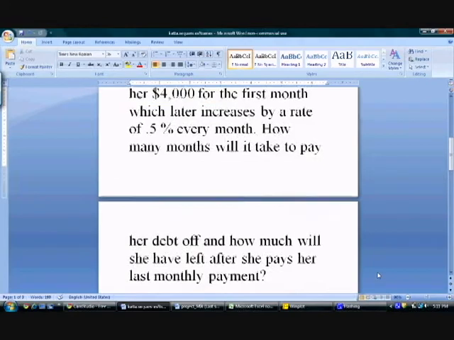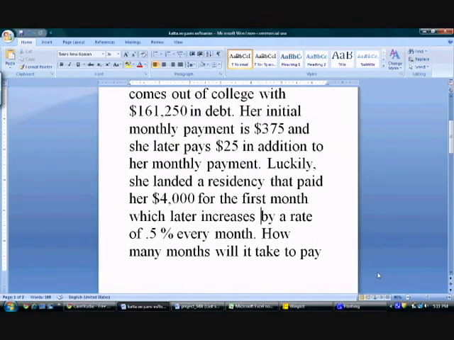So, we need to look at the information about her debt. Her monthly payment is $375, and she later has to pay $25 in addition. In addition is a tip-off to telling us that it's an arithmetic series and sequence because it adds $25 to her previous monthly payment.